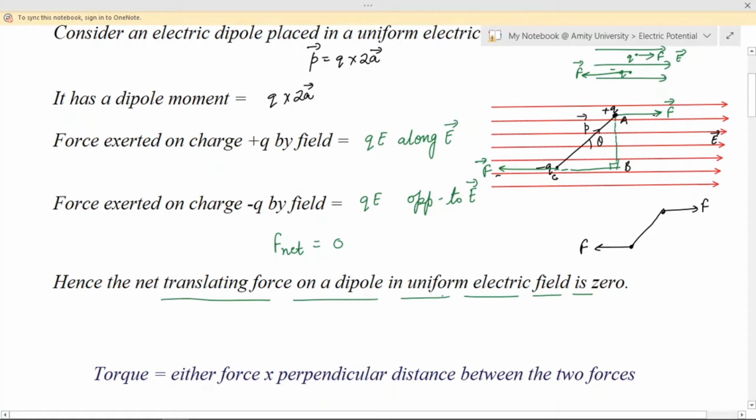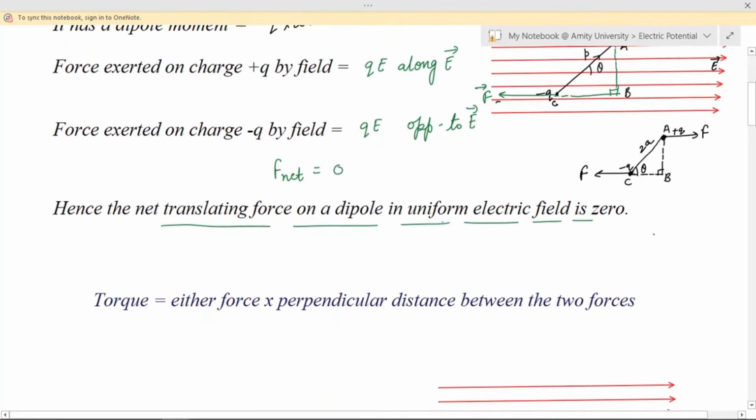And in this situation, there exerts a torque. If we complete this triangle, where this angle is theta, the triangle is ABC, where angle B is 90 degrees. This is minus Q and this is plus Q, and this AC is 2A. From here we can get the perpendicular distance between the two forces, that is AB.